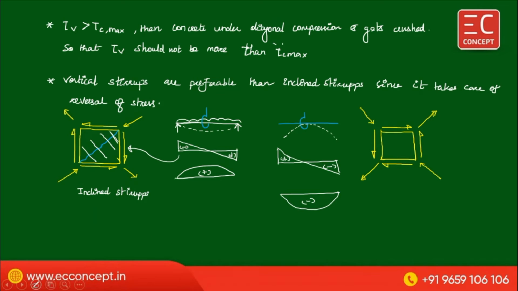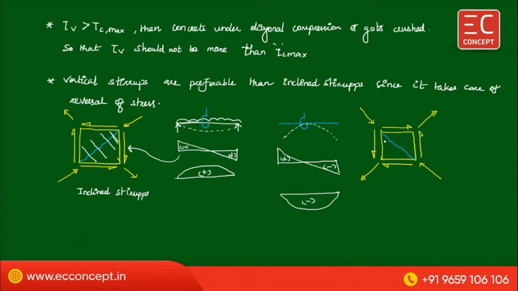In which diagonal now does it fail? This is the diagonal where the failure happens. Now think about it. If you use the inclined stirrups by considering the stress happening like that, then in the reverse condition it won't be stable. So everything gets collapsed.